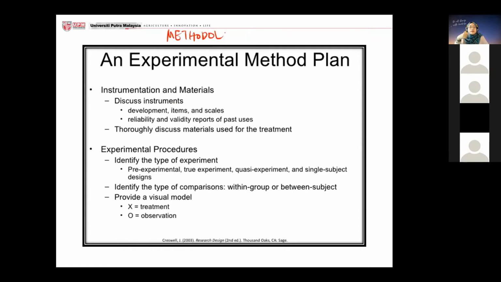So remember in your research proposal, the final report, you have to include the methodology. Okay. So you have to look at this one. Okay. So if it's an experimental method, okay, you have to discuss the instruments that you're using.